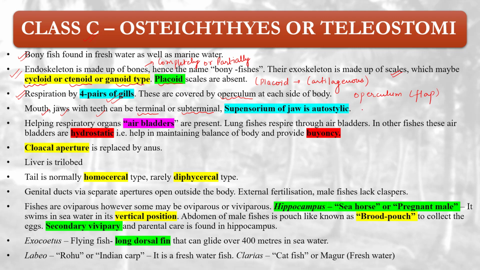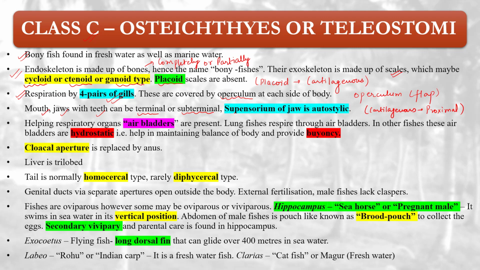So in cartilaginous fishes, the teeth were proximal or ventral, and in bony fishes, the teeth are in a terminal or subterminal position.